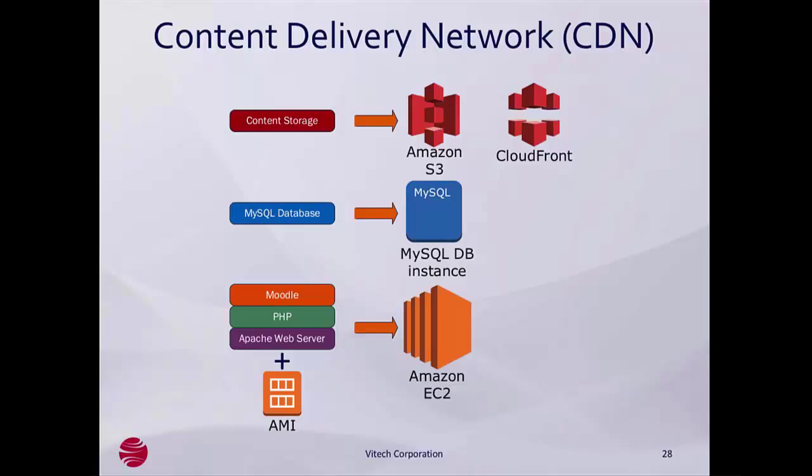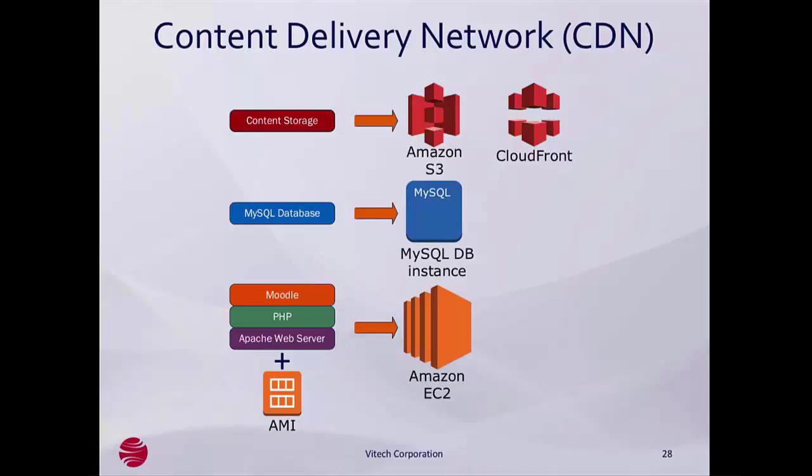Using CloudFront in conjunction with S3 allows the designer to simply give the user a uniform resource locator, or URL, that points to the content in S3 storage. CloudFront then takes care of delivering that content to the user. This mechanism has consequences for our architecture.